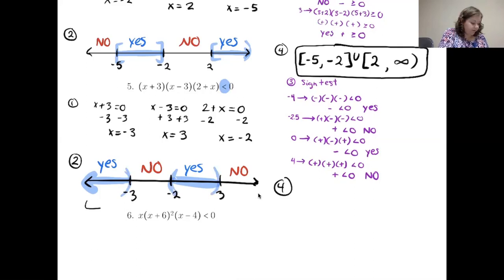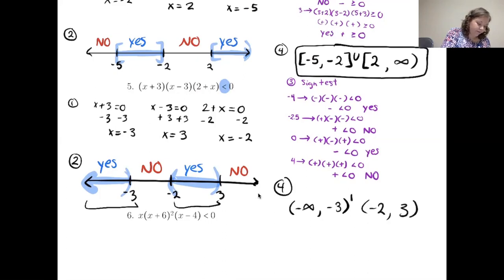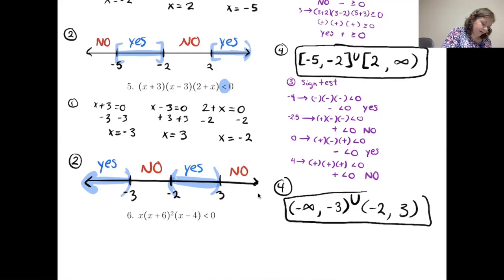So the first interval here, it goes from negative infinity to negative 3. They both get parentheses because of infinity and because of the sign. Then the next one, we've got negative 2 to 3. And they both get parentheses. And then we will put our union sign in between them. Okay, so final answer for number 5.